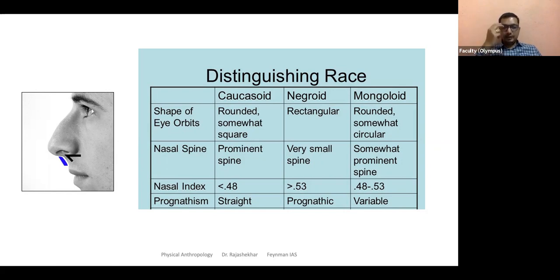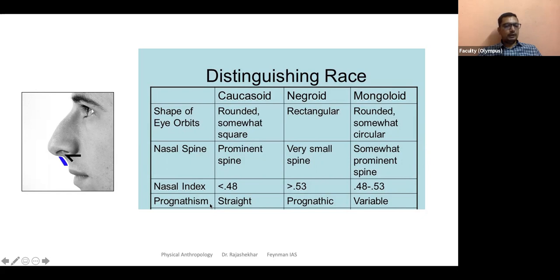So some variation in the appearance of eyes and eye orbits can also be seen. Some of these features we correlate in 1.6 as well, when we look at apes, how these orbits are. We focus on them as well.